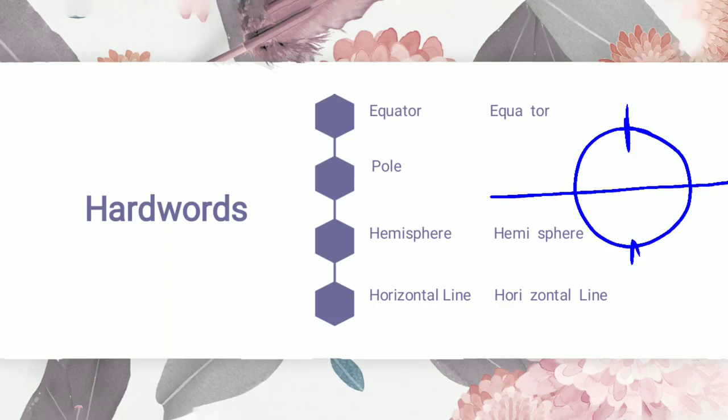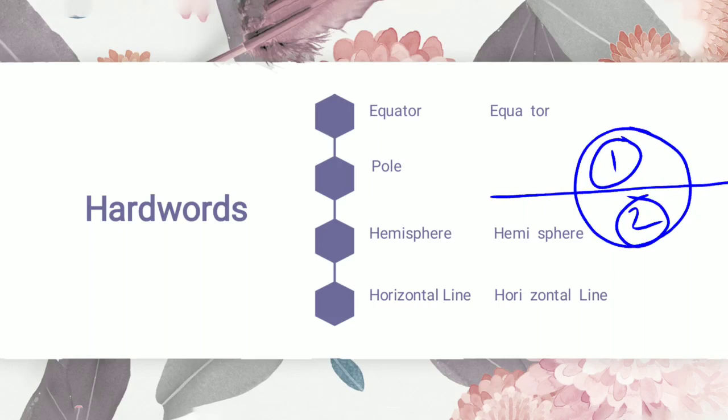Now, hemisphere. When a sphere is divided into two parts, so this is a complete sphere and it is divided into two parts, the first part and the second part.